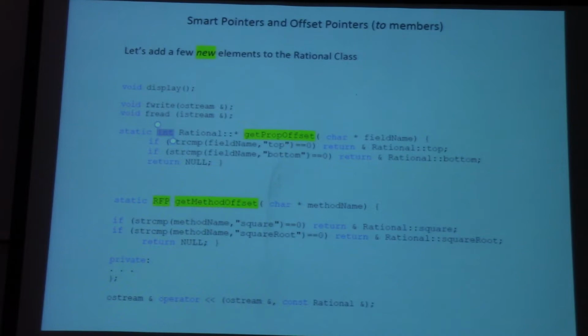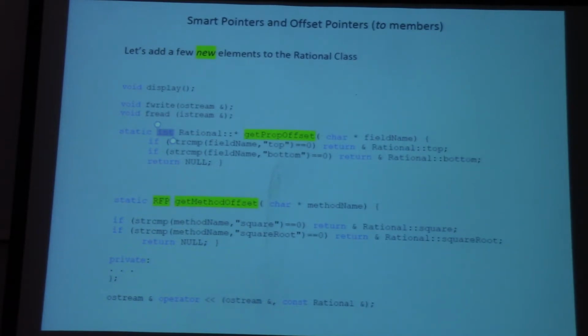By the way, if you forgot the ampersand, it's okay, because we don't need the ampersand. C++ will allow it to go with or without the ampersand. Function pointers are like that. If the string compare of method name and square root returns 0, that means all the characters are the same, then we will return the address of square root, which is a method.